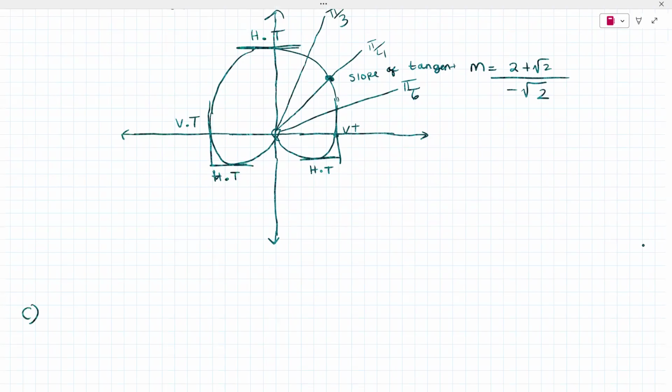So part C, they want to know the horizontal tangent and the vertical tangent. If you recall, a horizontal tangent always has a slope of 0, and the slope of any vertical tangent is undefined, or 1 over 0, right?